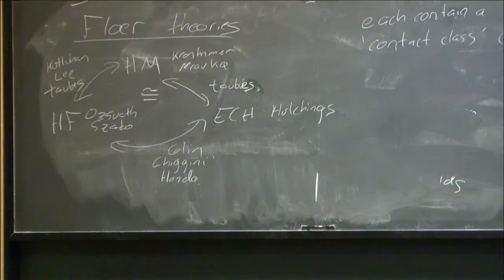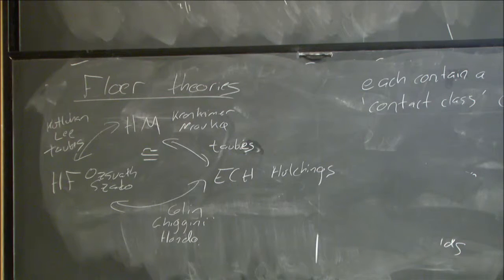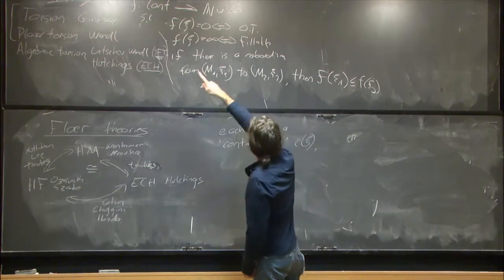And so this algebraic torsion up there in embedded contact homology we can just view as a refinement of the contact class, as this thing enjoys a few of these properties.